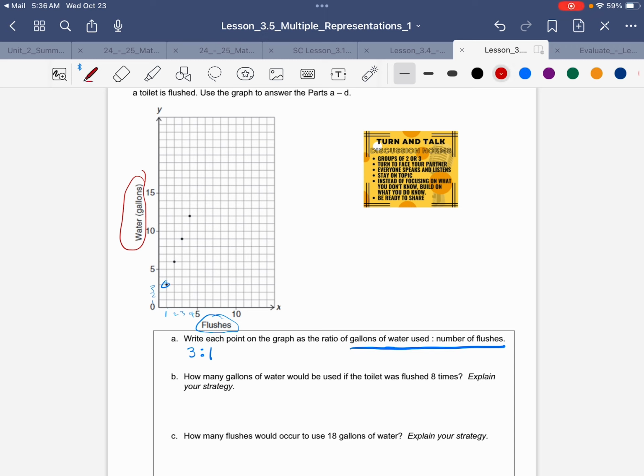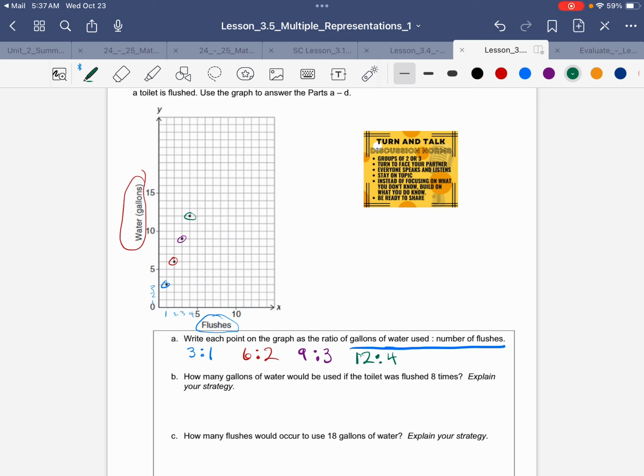Second point here, we used 6 gallons for 2 flushes. Point here, we used 9 gallons for 3 flushes. And then our last point up here is 4 gallons. Well, I'm sorry, 12 gallons, 4 flushes.